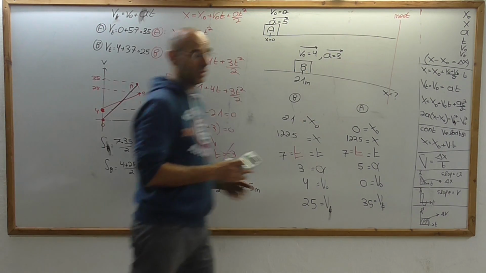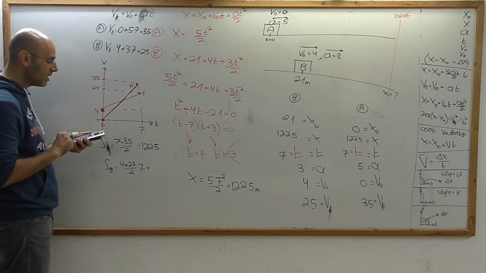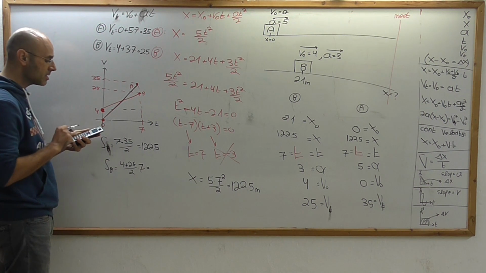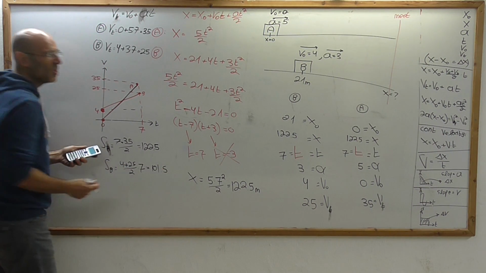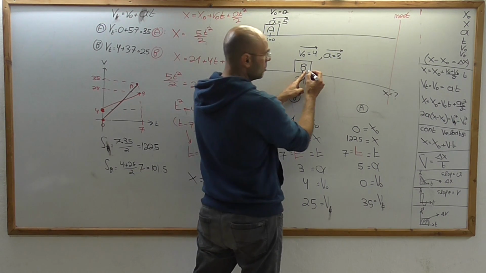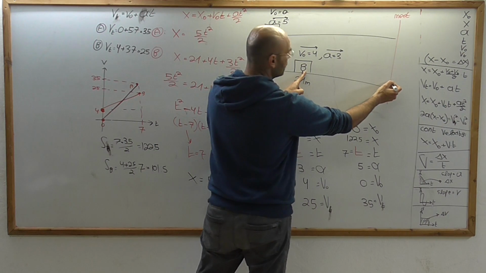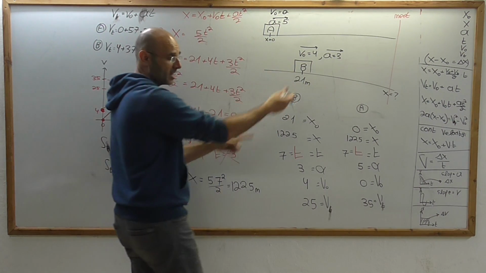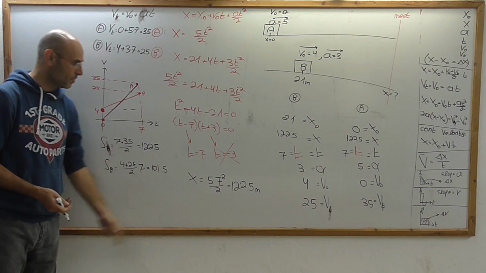This one was 4 plus 25 divided by 2 multiplied by 7, 101.5. Why is it okay? Because this car did only 101.5, because it was 21 meters ahead. If you add the 21, you will get exactly the 122.5.